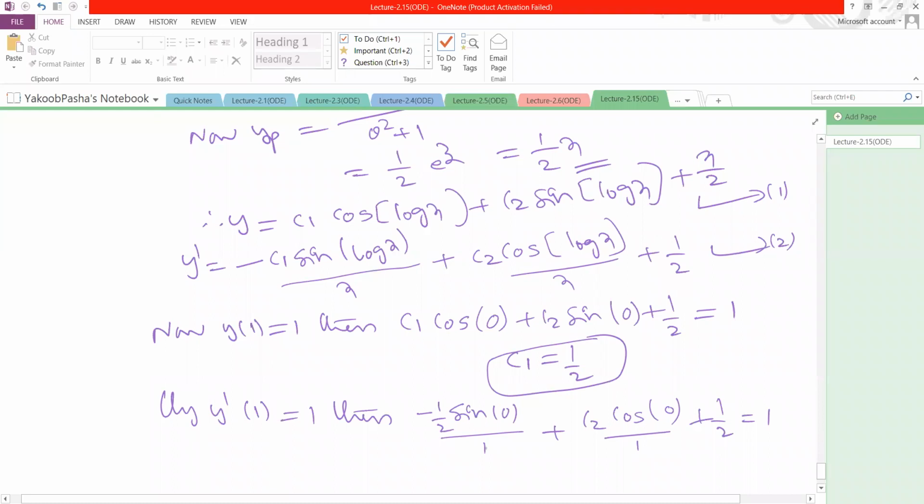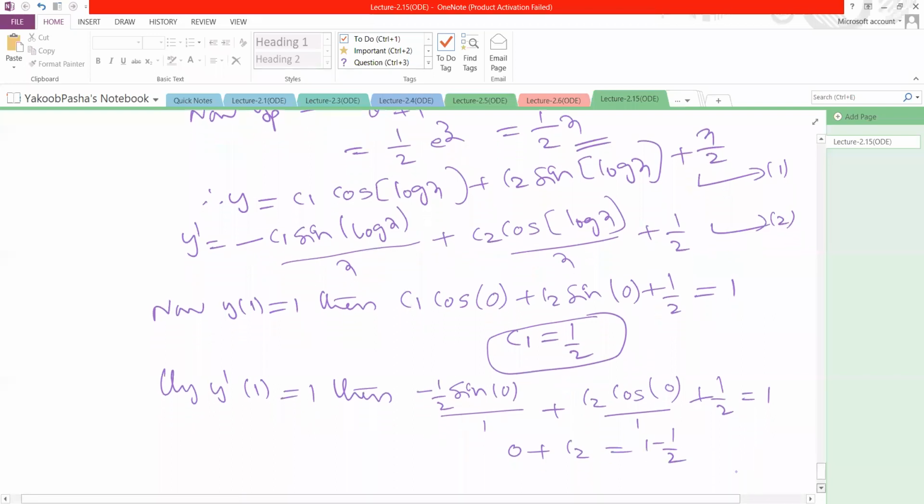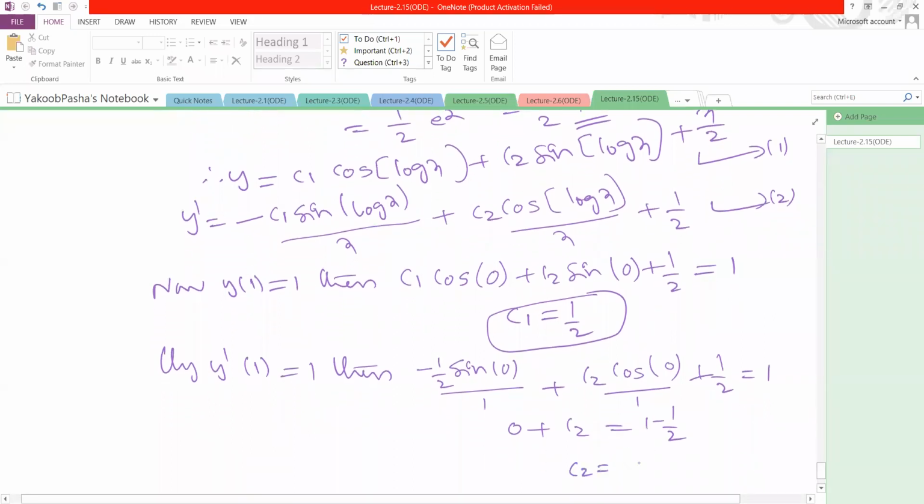So the first term is 0, completely 0. This is C2, equal to 1 minus 1 by 2, so C2 is also 1 by 2. We have C1 and C2 values, both equal to 1 by 2.